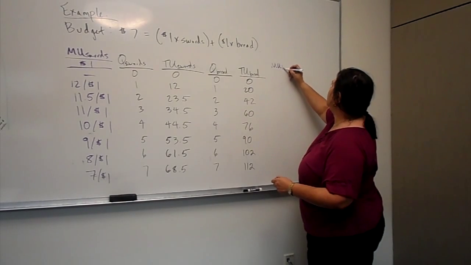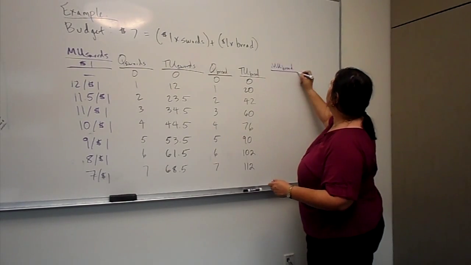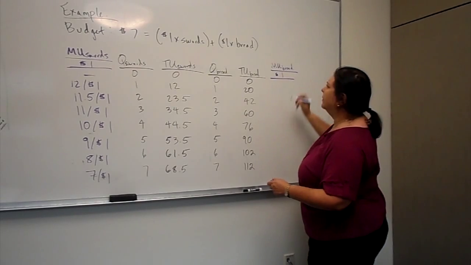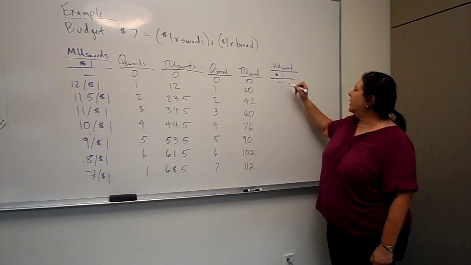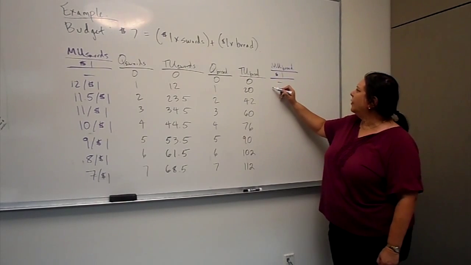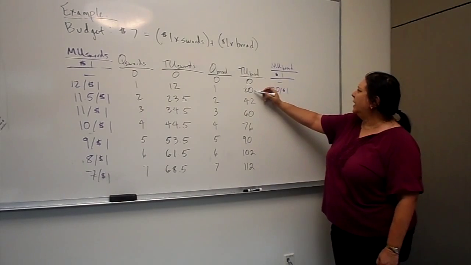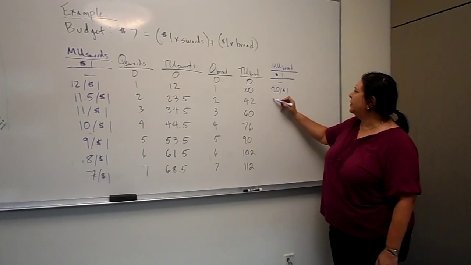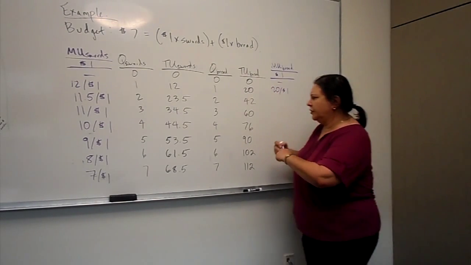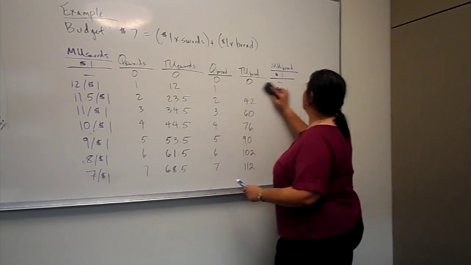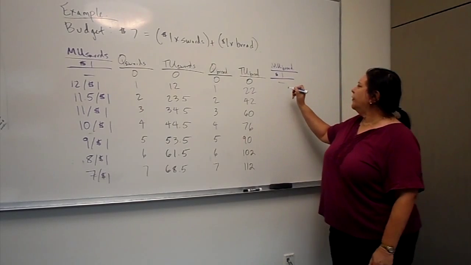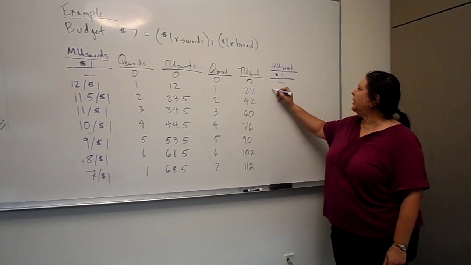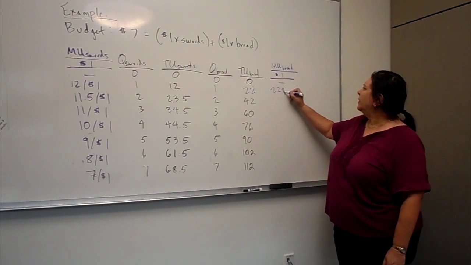So here's the marginal utility of bread divided by 1. The first $1 gives me extra utility of 22.